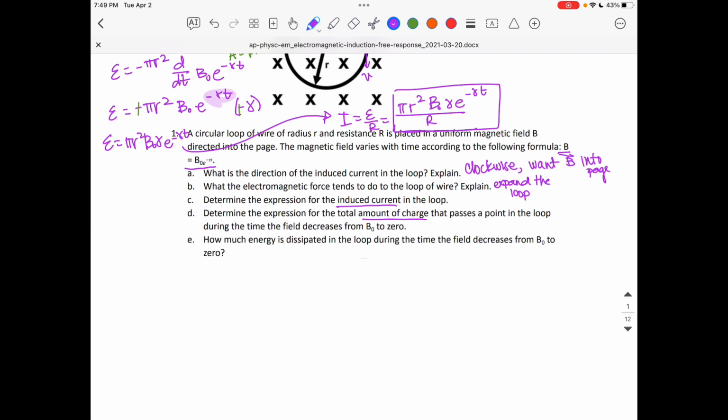What we do know is that in our equation sheet, current is dq, the change in charge, over change in time. And so in order to identify the amount of charge, we are going to take our dq and bring the dt to the other side so that we can integrate with respect to time.